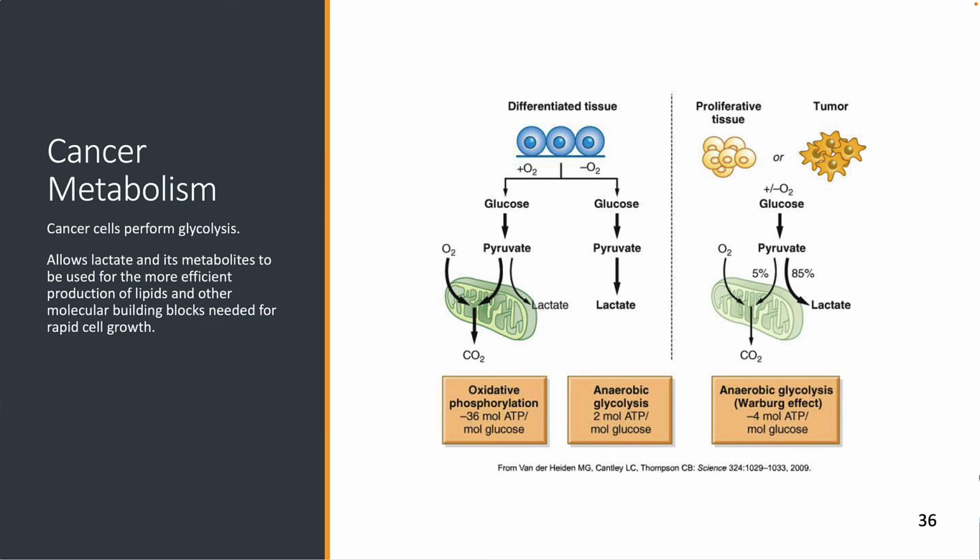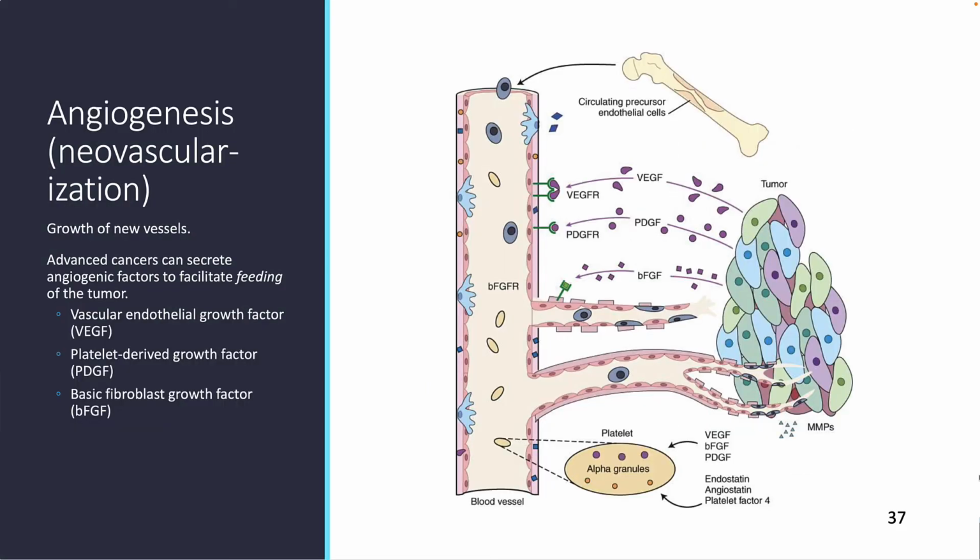And in doing so, they use glycolysis, which is an anaerobic form of metabolism that only results in 2 ATP molecules, but they just continue to do that. They just use up sugar, which means that we may see lower blood sugar levels in cancer, and it also means that we may see higher lactate levels or lactic acid. We said angiogenesis has to happen, and there's plenty of secretion of these angiogenic factors.